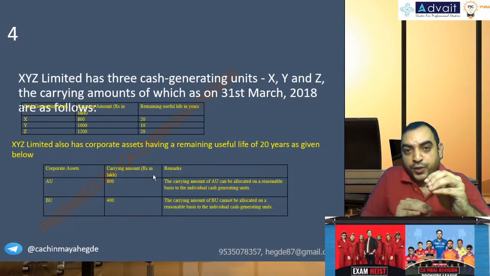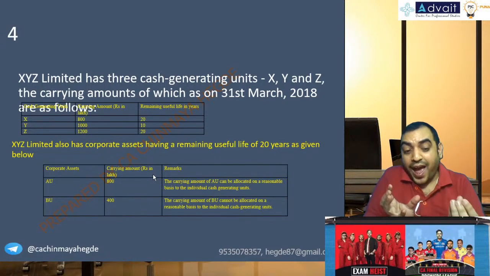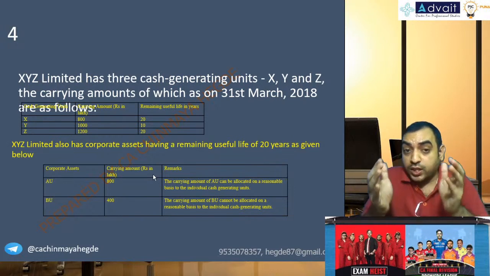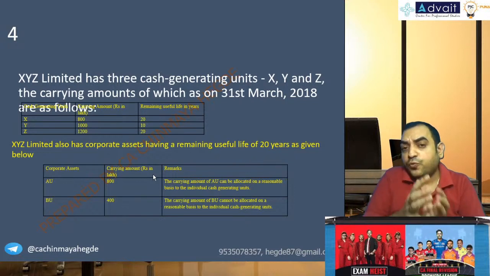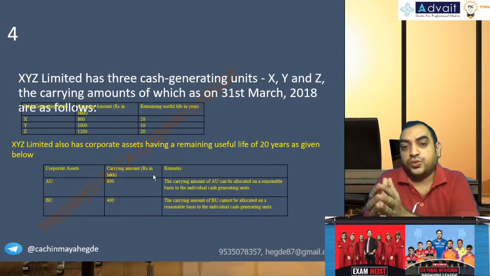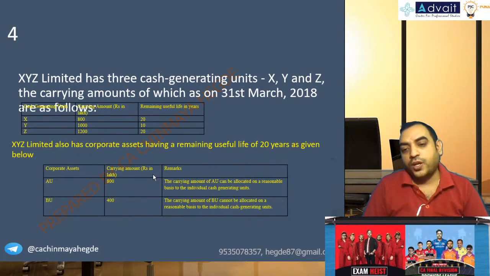Once you test for impairment at an individual level, you aggregate it, you add the asset which could not be allocated, and the total CGU along with the new asset is compared with the recoverable amount of the larger CGU. This larger CGU impairment test is called the top-down test.